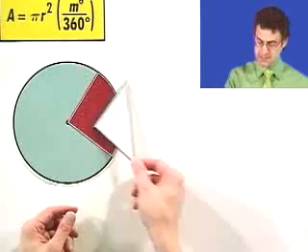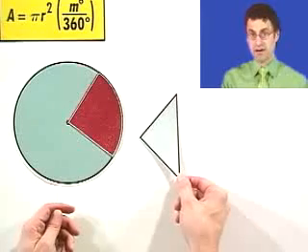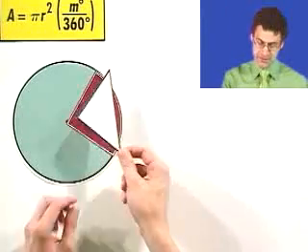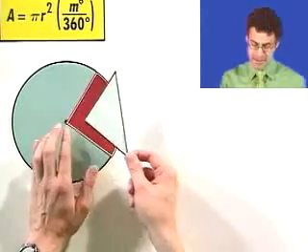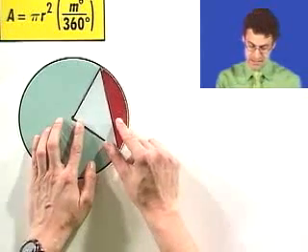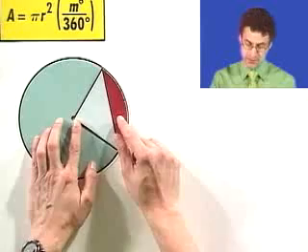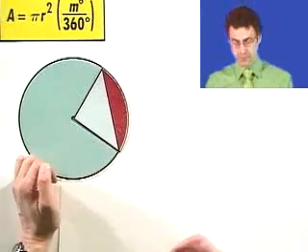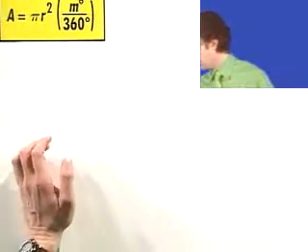But that little piece is just a triangle, and we know the area of a triangle. So all we have to do to find the area of a segment is find the area of the analogous sector and subtract off the appropriate triangle. Let's try an example and see all this stuff in action.